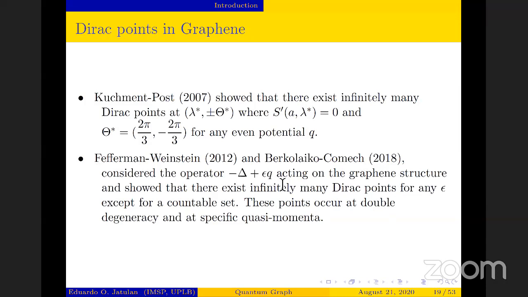They also showed that there exist infinitely many Dirac points for any epsilon, except for a countable set. These points occur at a double degeneracy at a specific quasi-momentum. So the Dirac points occur at this given point also.